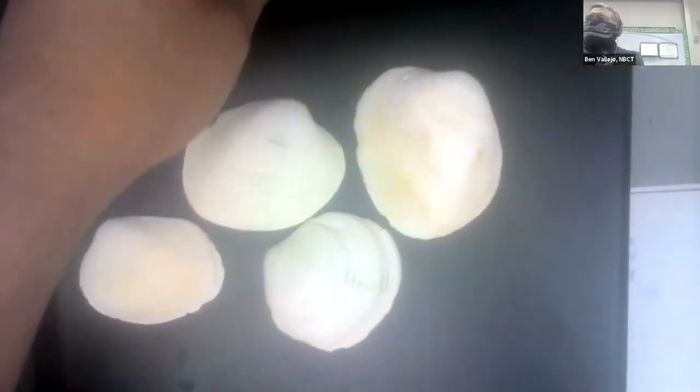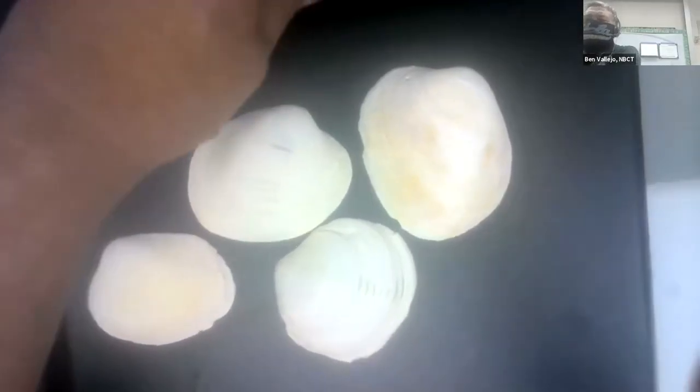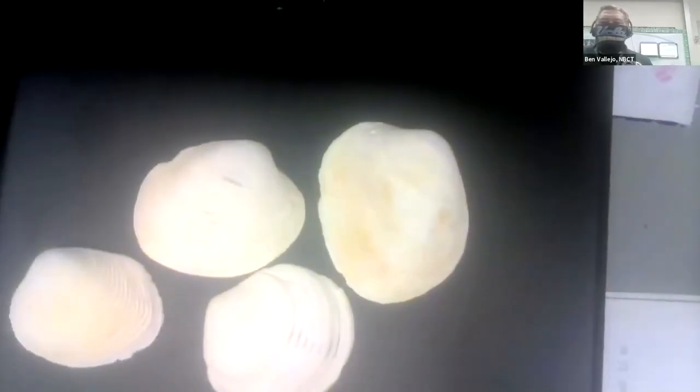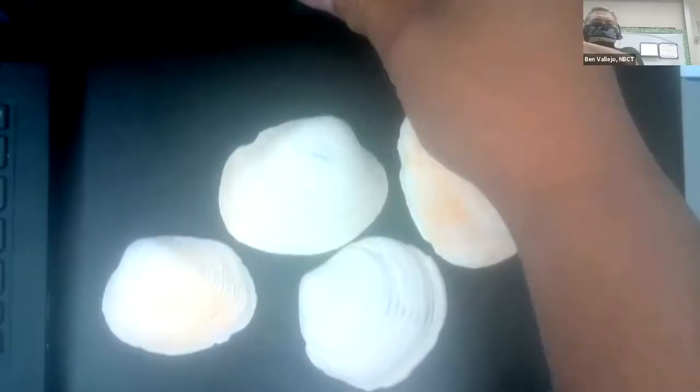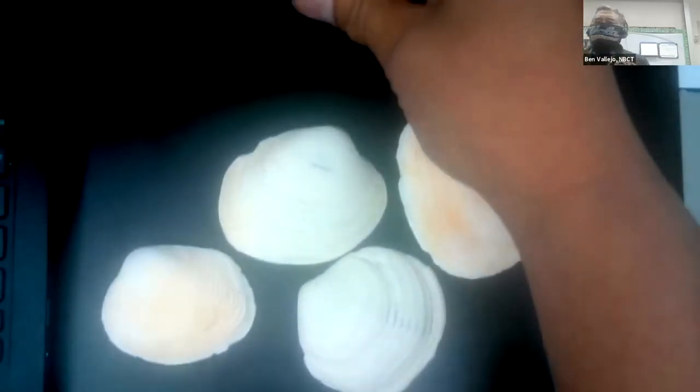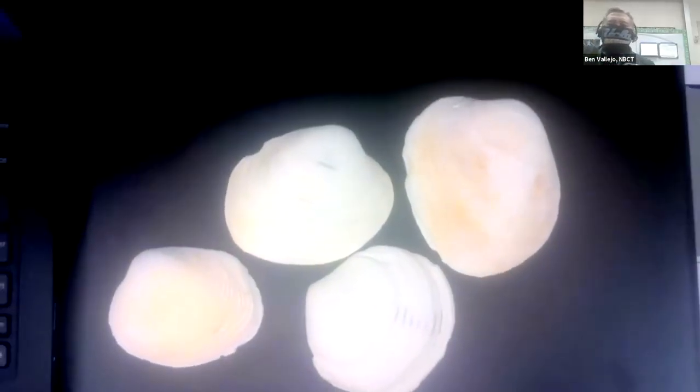Here you go. It's a little too bright here. So let me fix the camera to give us a good look at those. Still a little funny looking. So yeah, that's too bright.